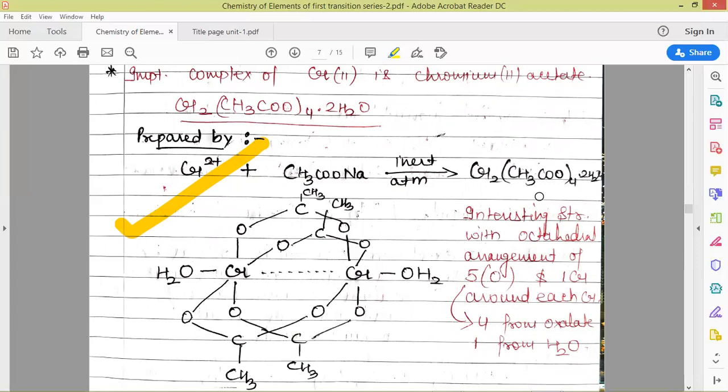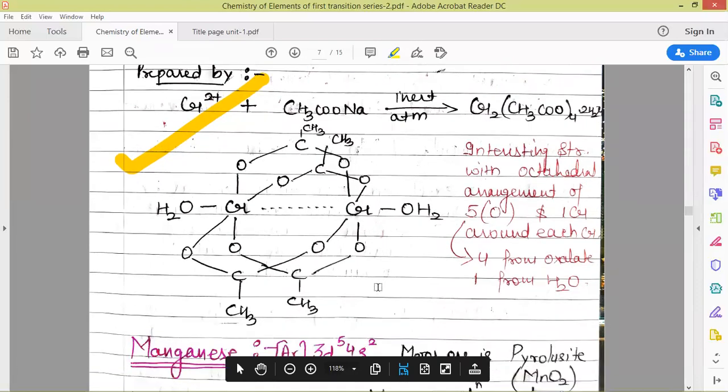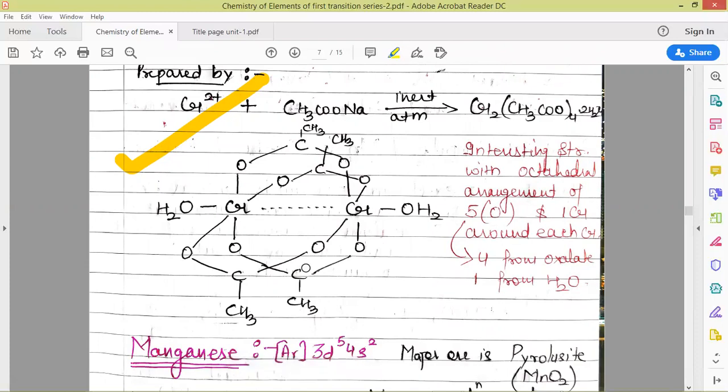Here the acetate ion is also a bidentate ligand, so it binds the two chromiums via the 2 oxygens of its carboxylate group. So this is the arrangement of bonds in this complex. This structure is very important.